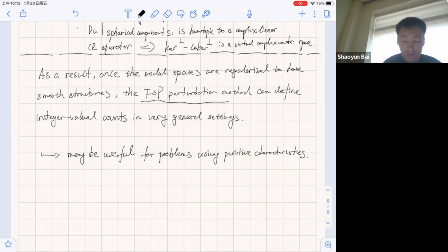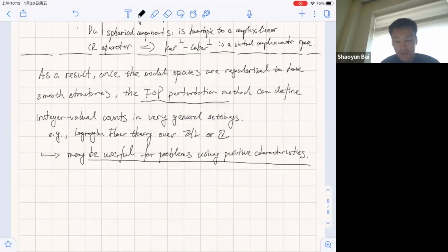So as I said before, it can be applied to the setting of defining Lagrangian Floer theory over Z mod 2 or Z, depending on the orientation assumption you put on your Lagrangian. And on the other hand, there are a lot of recent advances in Hamiltonian dynamics about reducing to finite characteristics.